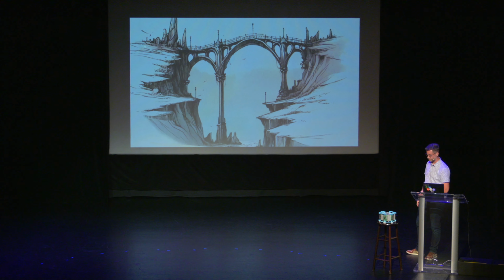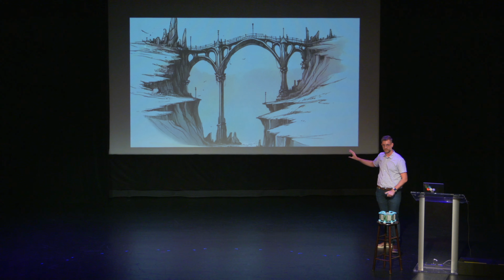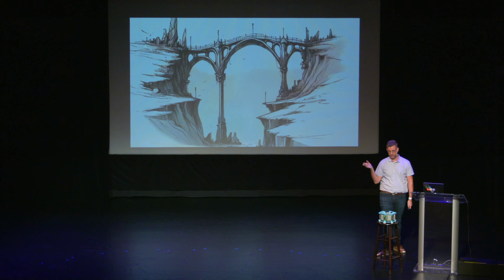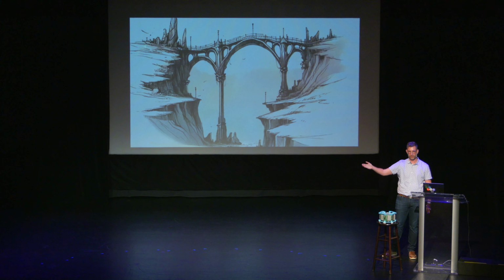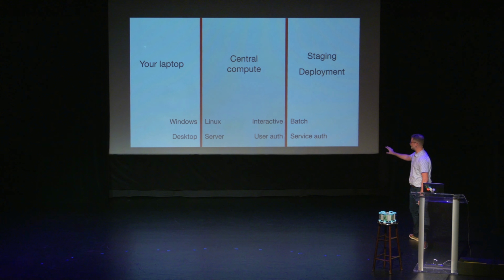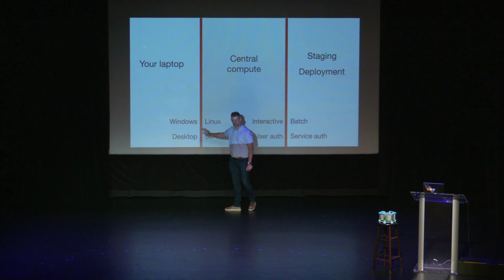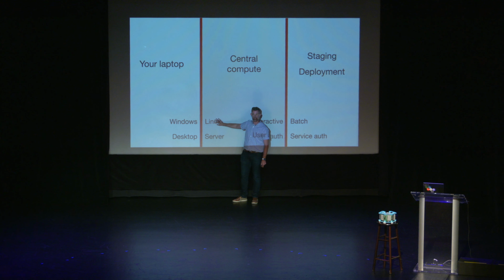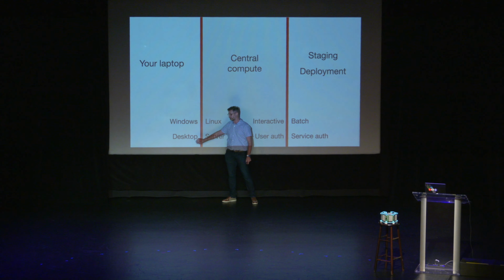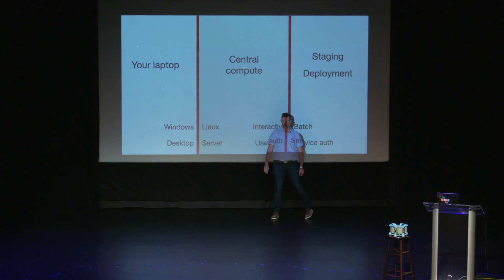Okay, now it updated. And so what I want to talk a little bit about is how do we cross these various chasms? And I think the first thing is just to be aware of them. At each of these points, there's some pain associated with it. Particularly if you are a Windows user, like Jared, there's going to be some pain, because when you're using a central compute or deployment, it's almost certainly going to be Linux. There are also some differences just between desktop machines and servers generally.